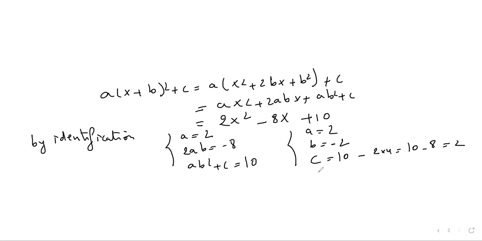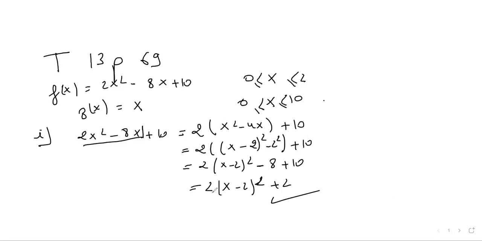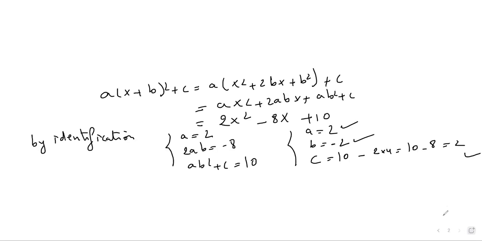So normally we got the same answer as before. a is equal to 2, b is equal to negative 2, and c is equal to 2. And this is exactly what we got here. a and c are equal, and b is equal to negative 2. So this is another way to do that.